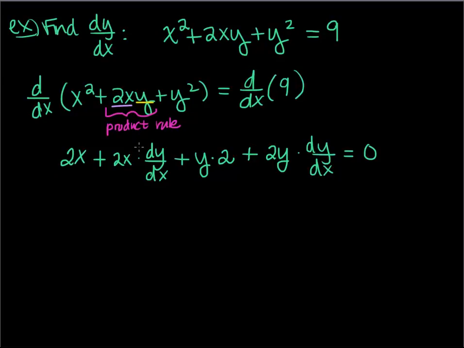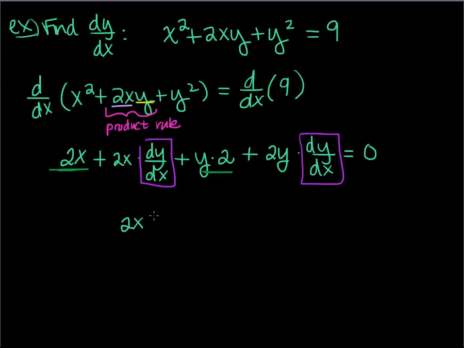All right, so now what's our goal? Our goal is to solve for dy/dx. So here's the algebraic trick. In a situation like this, where I have two terms with dy/dx, I want to get everything that does not have a dy/dx to the other side. So this term does not have a dy/dx, and this one does not have dy/dx. So I'm going to move those to the other side.